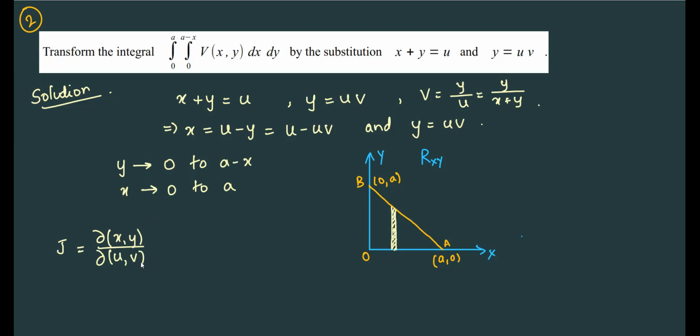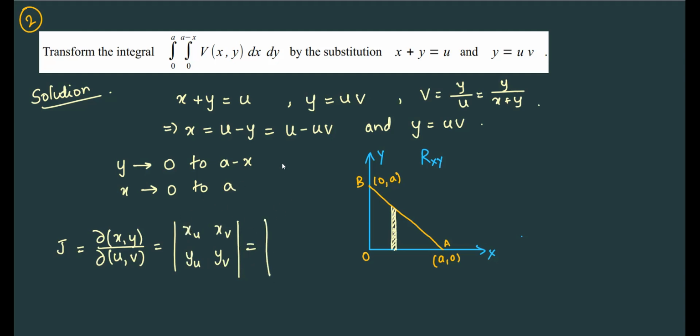So this is the determinant: derivative of x with respect to u, derivative of x with respect to v, derivative of y with respect to u, derivative of y with respect to v, all partial derivatives.